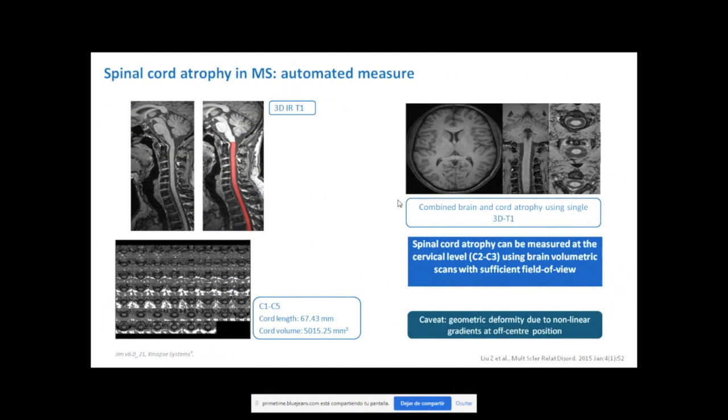So it's important to use a field of view that covers at least to C3, C4, and with that we will be able to also calculate the spinal cord cross-sectional area using a brain T1 weighted sequence. This strategy saves a lot of time. It has some drawbacks because in brain acquisition there is some distortion of the spinal cord, but usually it gives reliable results to obtain this measure.